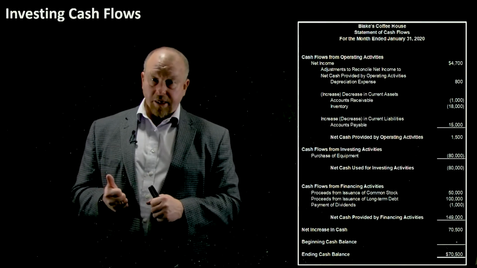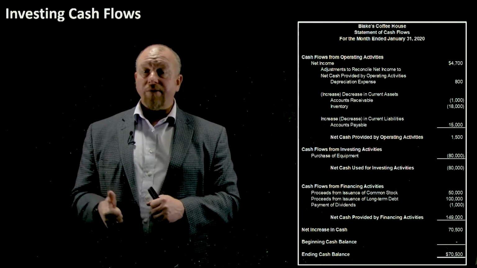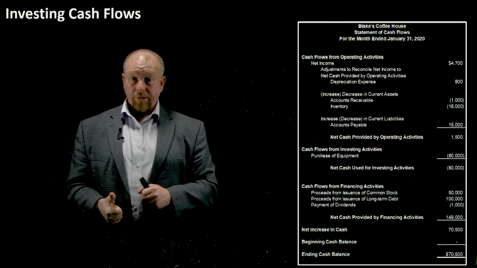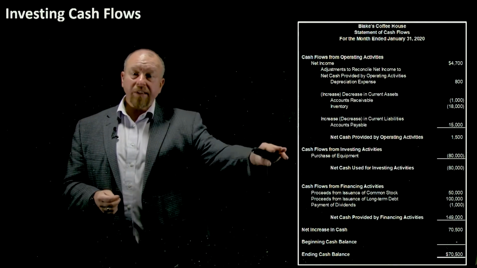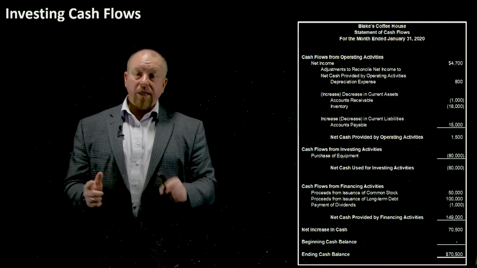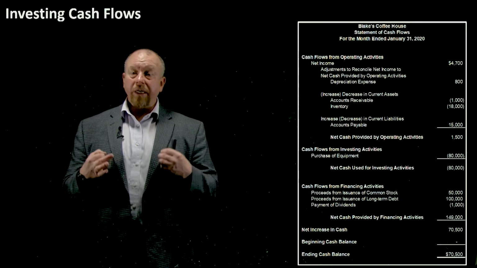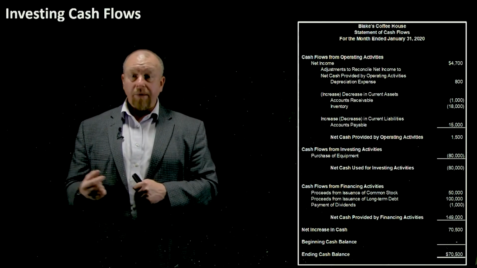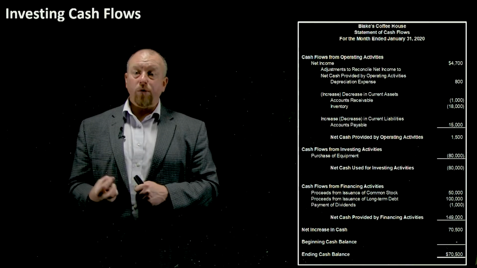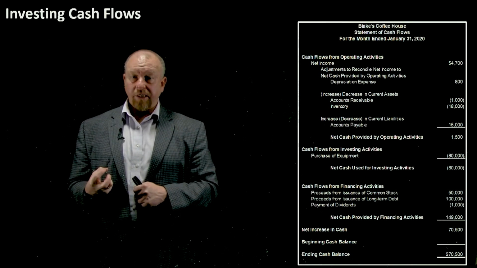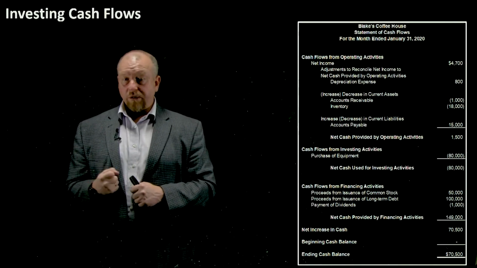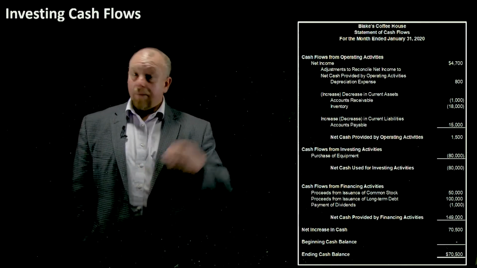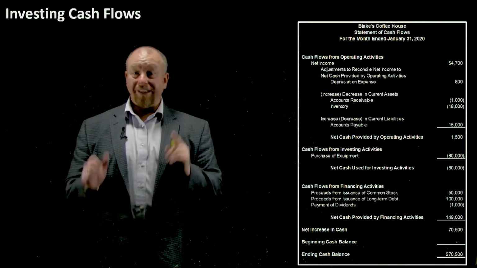So the reality is this: operating cash flow needs to be positive in the long run. That's a given. Investing and financing cash flows, they could go either way. You really need to analyze those in context with other elements of the financial statements and with your overall knowledge of the business and its strategies. So the reality is, positive operating cash flows, that's a given.